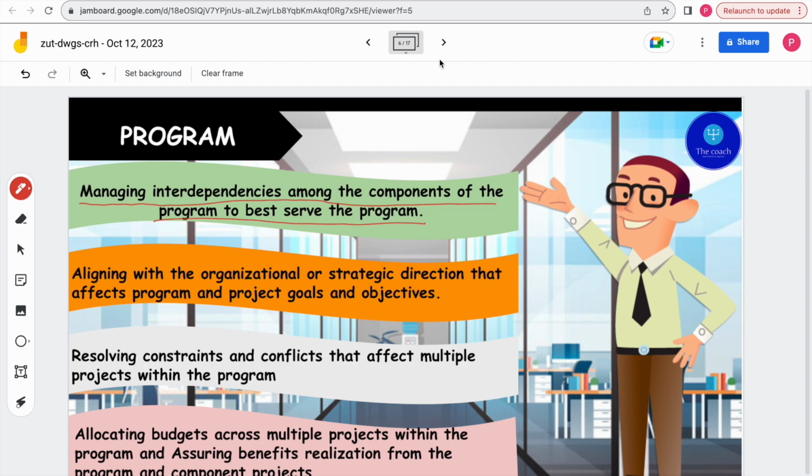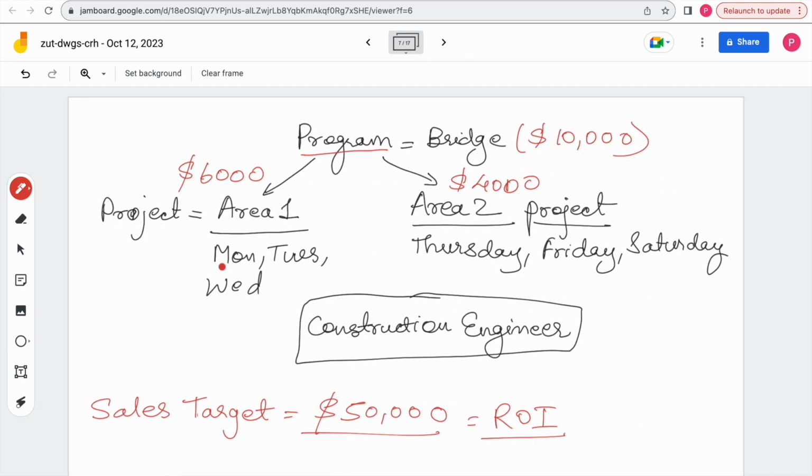resolving constraints and conflicts that affect multiple projects within the program. Let's say, as I already told you, there is only one construction engineer. So for both these projects, project 1 and project 2, there was a conflict between the project managers, each saying I will have the construction engineer. There was a conflict for the bandwidth of the construction engineer.